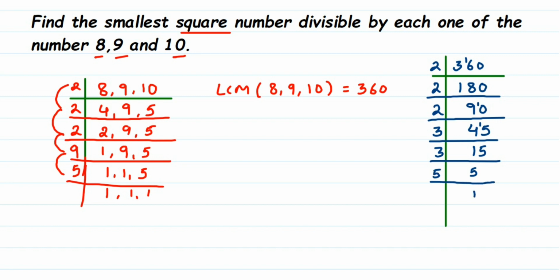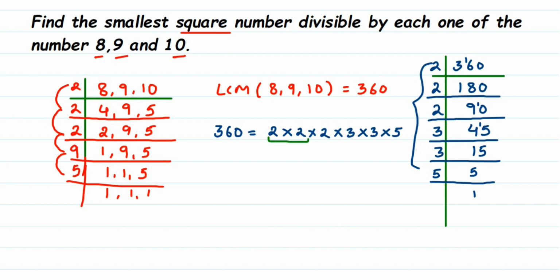So 360 is equal to all the prime factors we got here: 2 into 2 into 2 into 3 into 3 into 5. Now if this given number is a perfect square number, the prime factors will always be in pairs. You can see that 2 is forming a pair, 3 is forming a pair, but there's no pair for 2 and 5. Which means 360 is not a perfect square number.